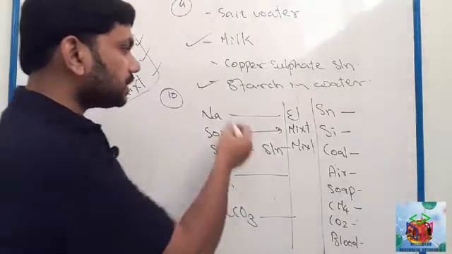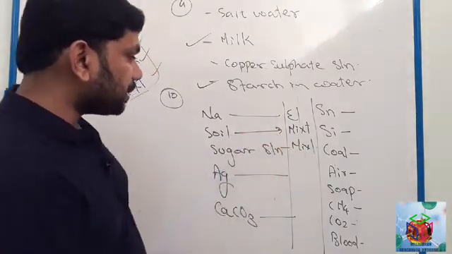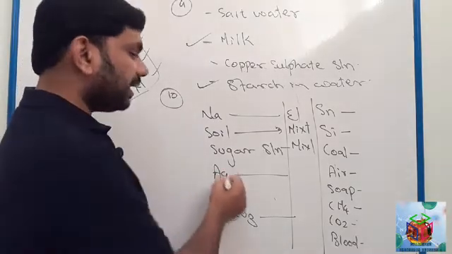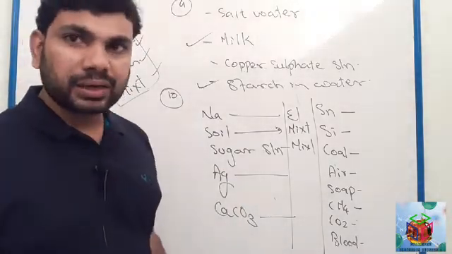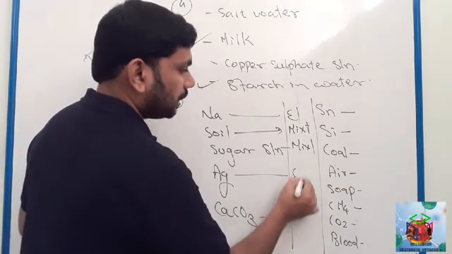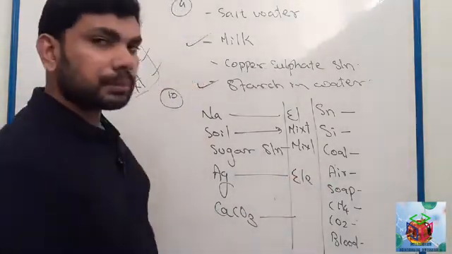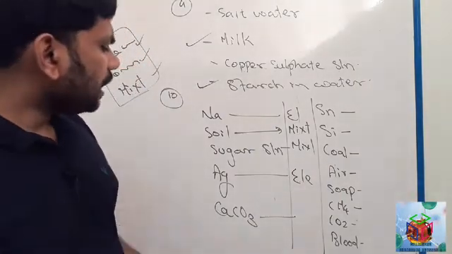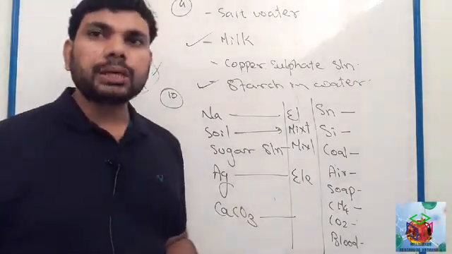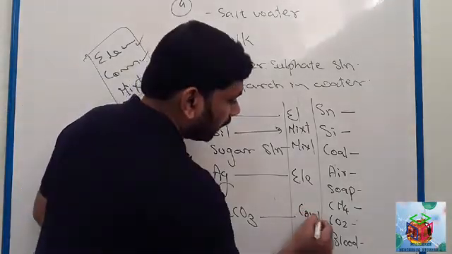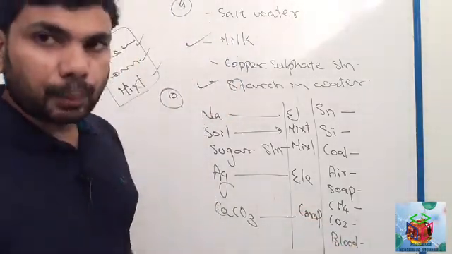So here sodium is element, soil it is mixture, sugar solution is mixture, silver, Ag means silver, silver is element. Similarly, calcium carbonate, CaCO3 means calcium carbonate, it is compound.